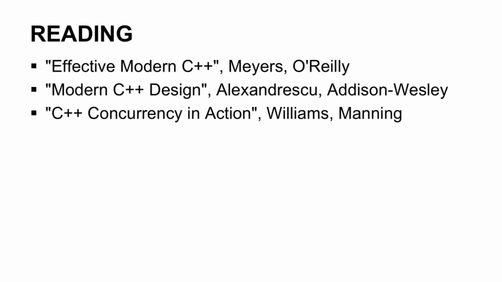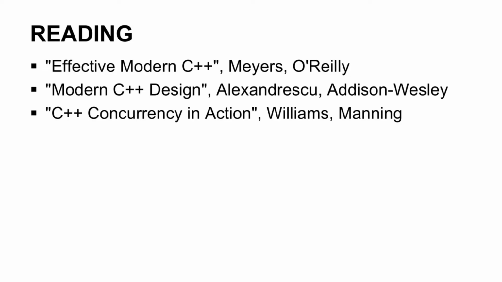There is a lot of material available, both printed and online, and I'll point out some useful resources here. Effective Modern C++ by Scott Meyers is an update of his well-respected Effective C++ book, updated for C++11. It's a very good read for anyone wanting to see how the new features should be used.